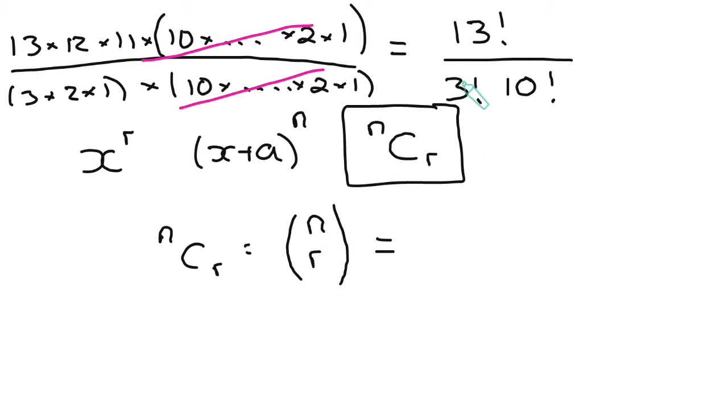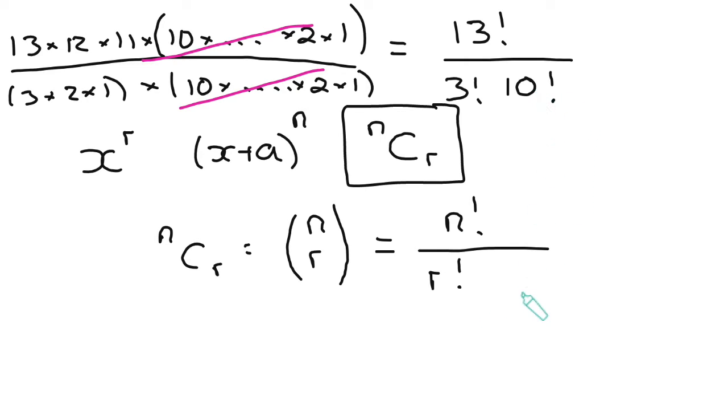And if we're trying to make a generic formula for this, what have we got? Well, on the top, we've got n factorial, because remember, this was the number of ways to choose 3 things from 13, so 13 was n. Then we've got r factorial, the number of things we're choosing, and remember, we've got r factorial because we don't care what order we choose them in.